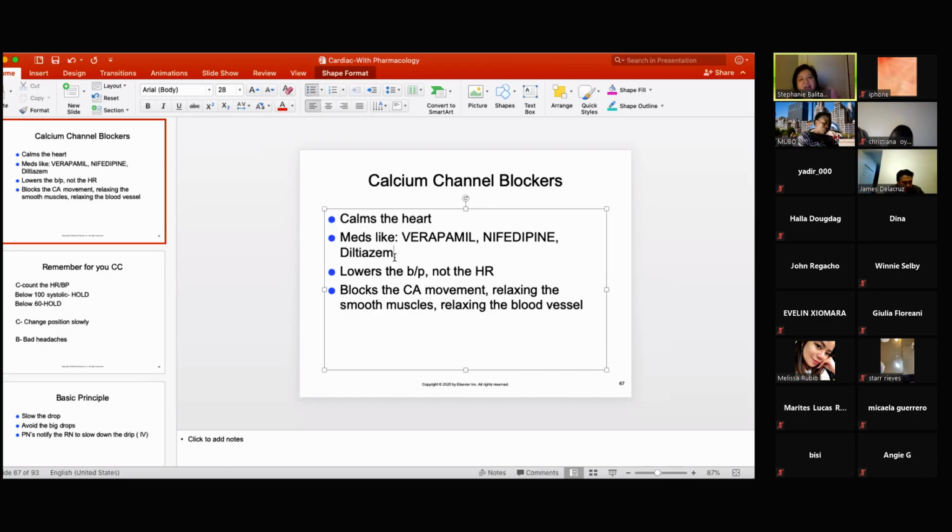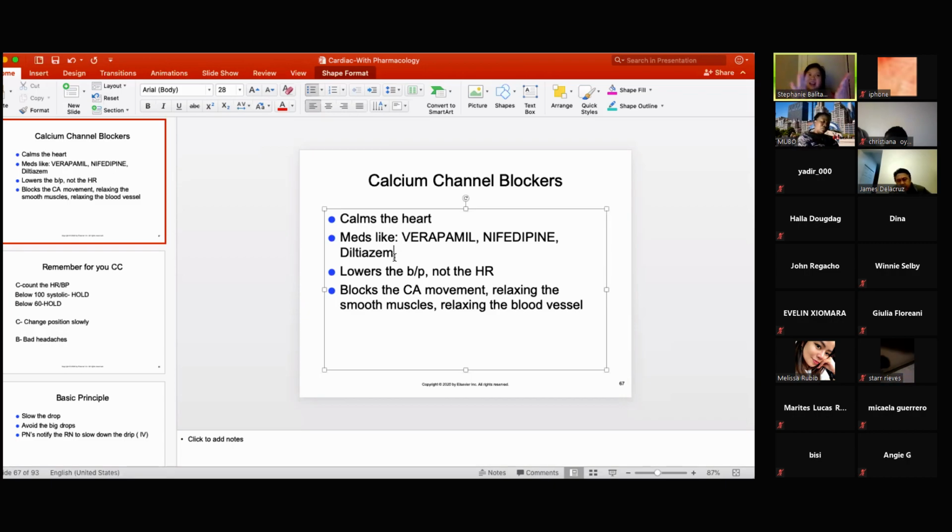They lower the BP, but not the heart rate. Just the BP, just the blood pressure. The calcium channel blockers tend to calm the heart down. How? By blocking the movement of calcium. So when the movement of calcium is blocked, cells are not stimulated, cells tend to relax.